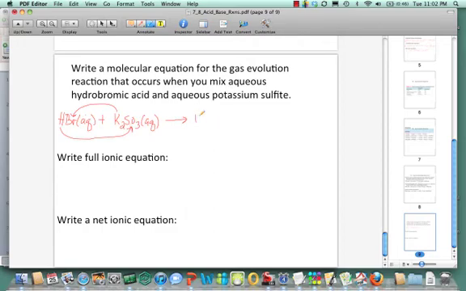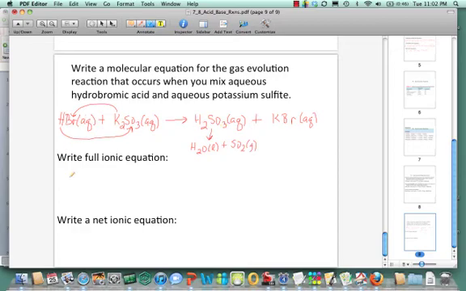So we're going to make this hydrogen sulfite, which is aqueous, and we're going to make potassium bromide. But this immediately decomposes into water, H2O liquid, and SO2 gas. And that's just that table that you need to learn.